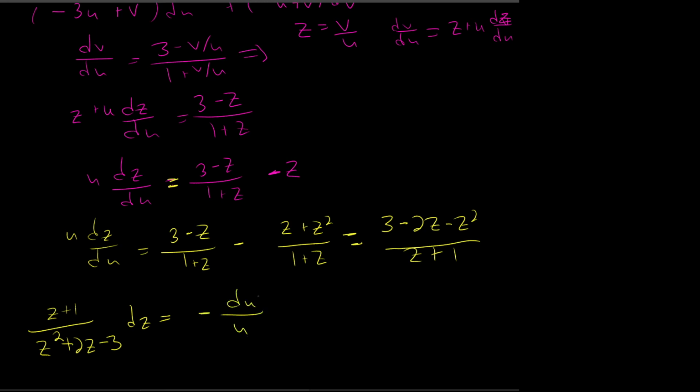Alright. Well, we've seen this guy before, unfortunately. So we're going to integrate both sides. So the integral of z plus 1 over z squared plus 2z minus 3 dz is the integral of negative du over u.